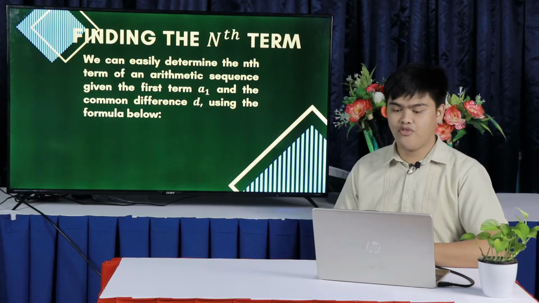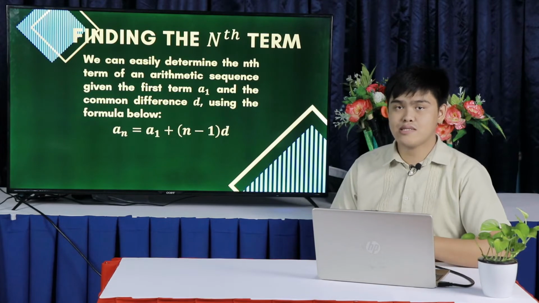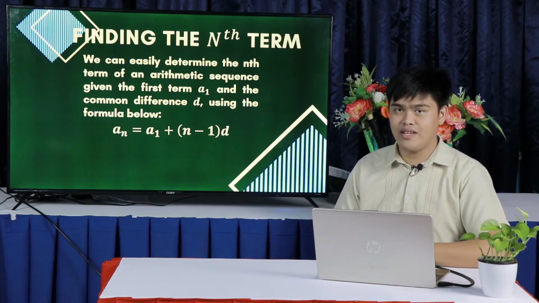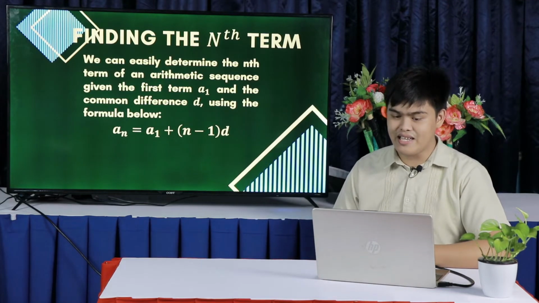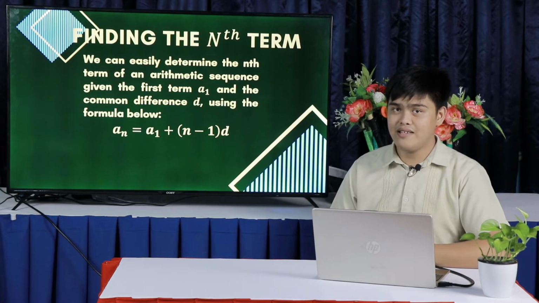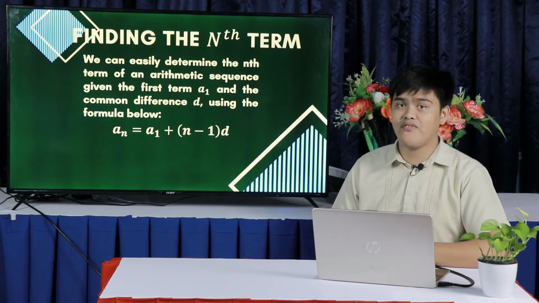We simply use the formula a sub n is equal to a sub 1 plus the quantity of n minus 1 multiplied by d. I repeat, we simply use the formula a sub n is equal to a sub 1 plus the quantity of n minus 1 multiplied by d.